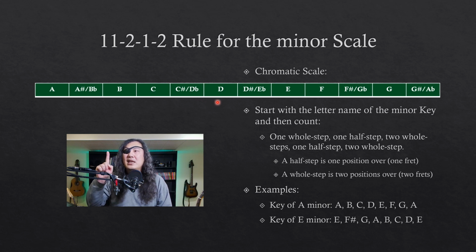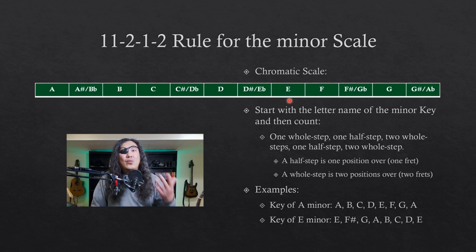And then from D to E, that is a second whole step. And then we're going to do 1 half step to F. And then we're going to close with 2 whole steps. F to G, and then G back to A. So the key of A minor has the notes in the A minor scale of A, B, C, D, E, F, G, A. That is our A minor scale that we built using the 11-2-1-2 rule.